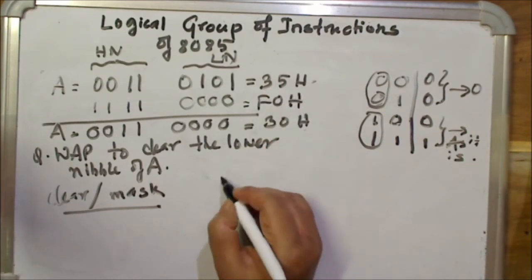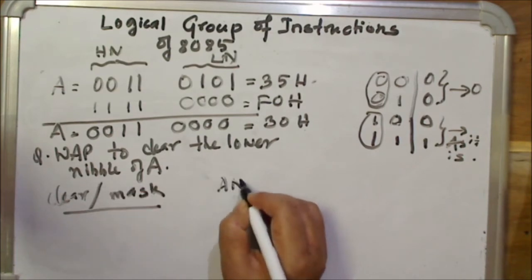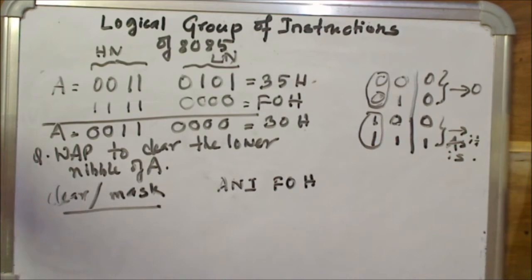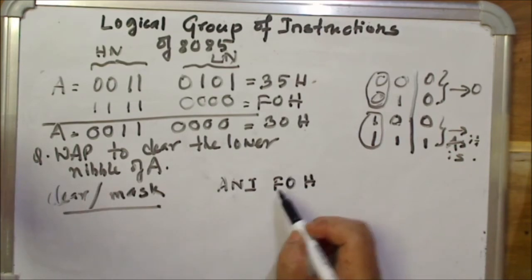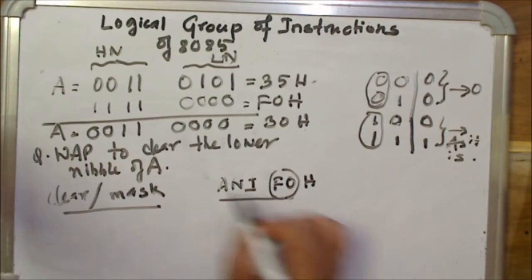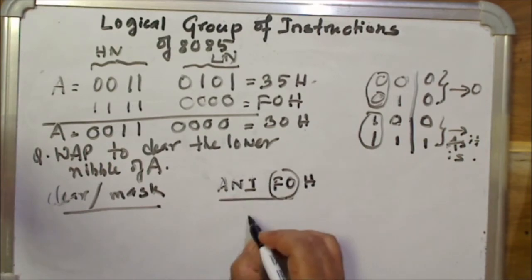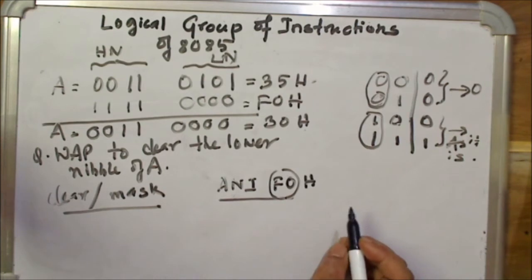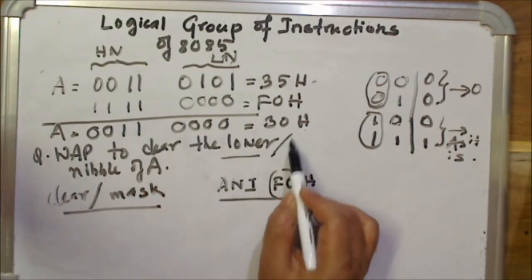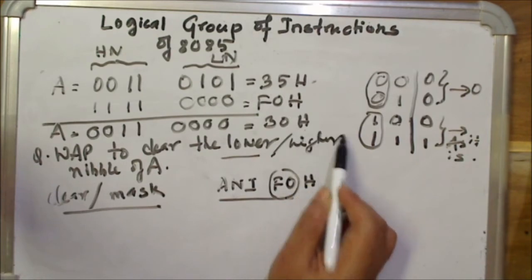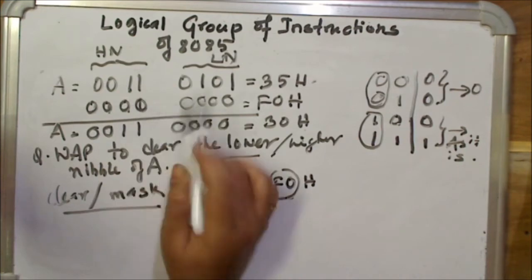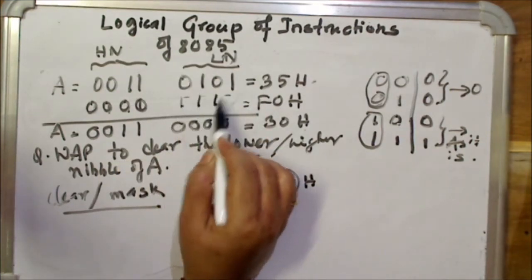If I write this program, what will be your instruction? ANI F0H. So whatever data is there in the accumulator, if you end it with F0H, the lower nibble will be cleared. Now if I say that you clear the higher nibble of accumulator, what you will do? You will end this with 0 and you will end the lower nibble with 1.